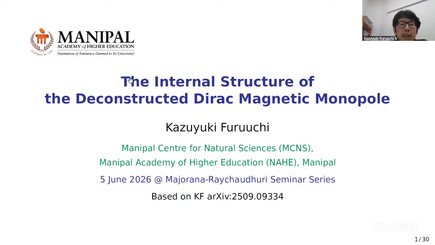So this is the title of my talk, The Internal Structure of the Deconstructed Dirac Magnetic Monopole. I will explain those meanings in the talk. This talk is based on this paper, and all the details I may not come to can be found in this paper.